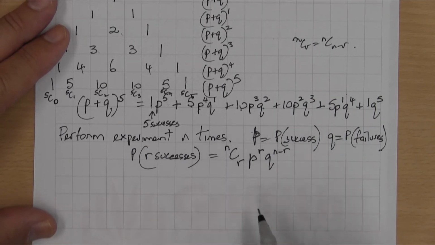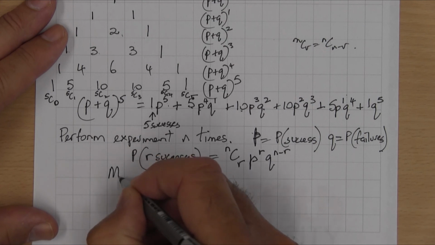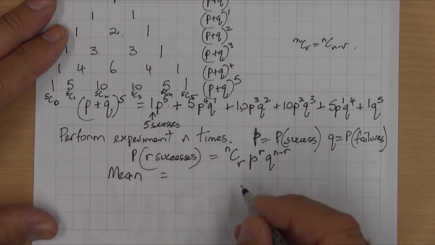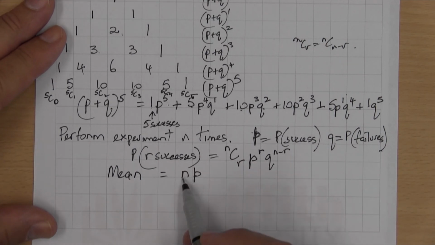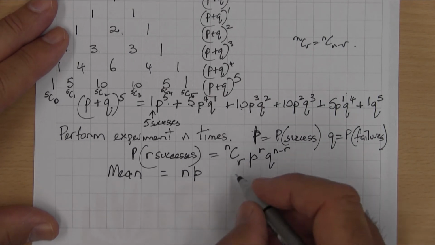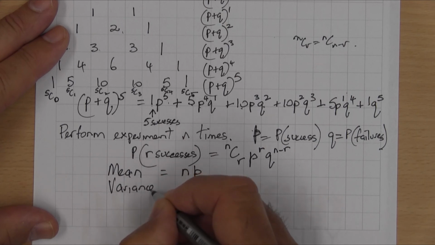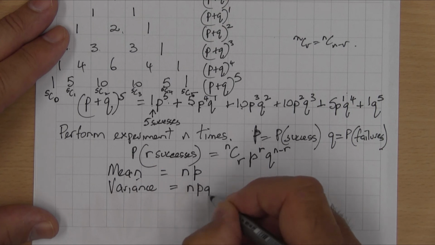The next thing is we've been doing some work on mean and variance. So the mean is worked out by just np, so the number of trials by the probability. The variance is equal to npq.